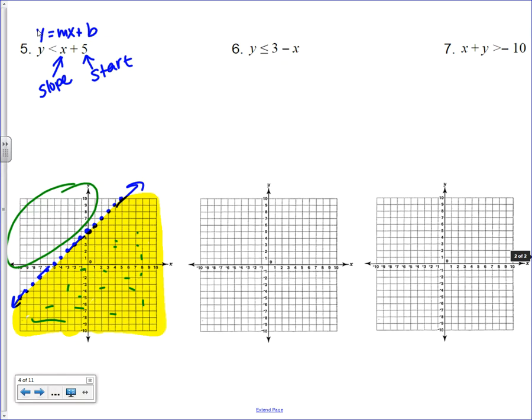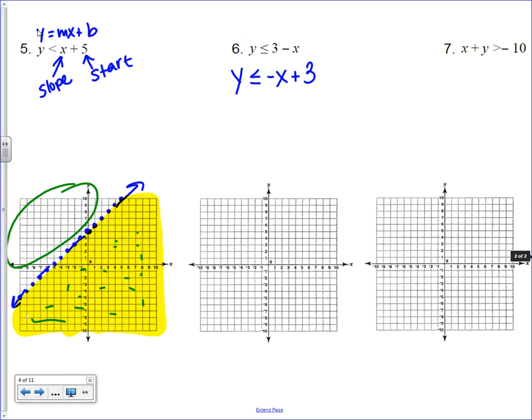Take a look at number 6. What's up with number 6? The y is all by itself, isn't it? Is it in the right order though? Does that look like y equals mx plus b? No, I want my m portion, which is where the x is, to come first. So I need you to rewrite that for me. It's a little bit backwards.